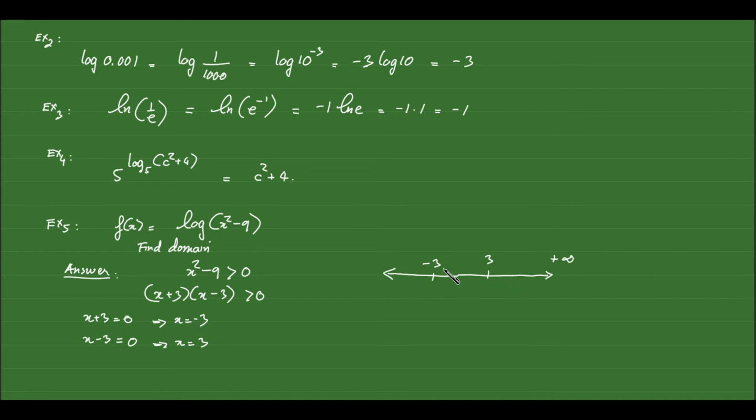We're going to check the sign by plugging in a value. So positive, negative, positive. What we need is greater than, so we check this. The domain of this will be -3, not included, and 3, not included.